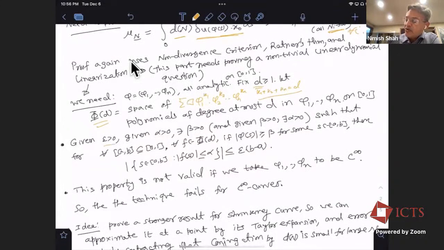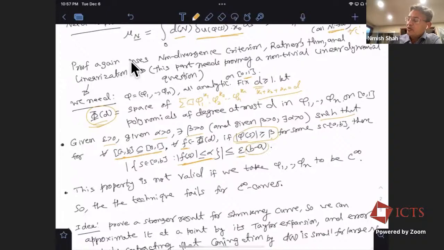It's a finite dimensional space of functions you call phi d, and this space has the following property: given any epsilon positive and any alpha positive, there exists some beta positive such that for any sub-interval of 0, 1, and for any f in this collection, if somewhere on this interval the function becomes bigger than or equal to beta, then the set where it is less than or equal to alpha has measure less than epsilon.